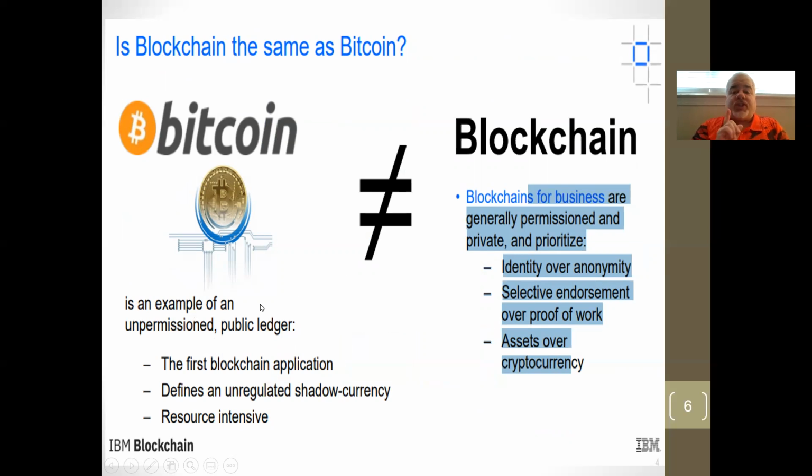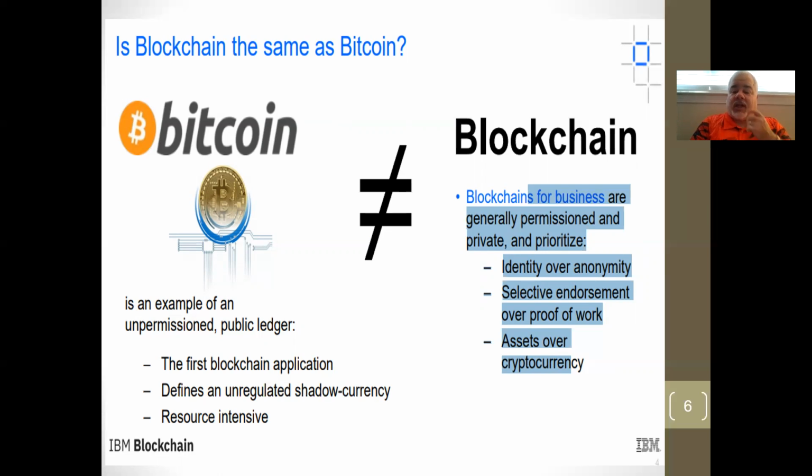Bitcoin uses blockchain. Bitcoin is an example of an unpermissioned public ledger. In other words, you can't go in and read the individual blocks in the database, in the ledger. You can't go in and see who's buying what, but there is a ledger there, and it's out there, and anybody can see the encrypted ledger.